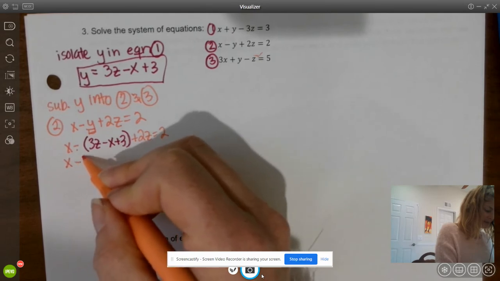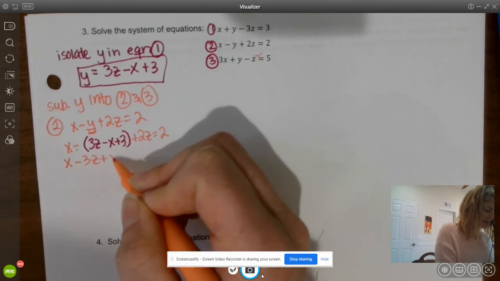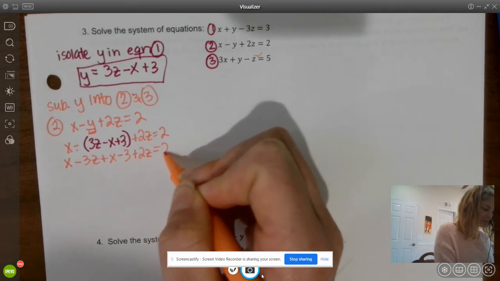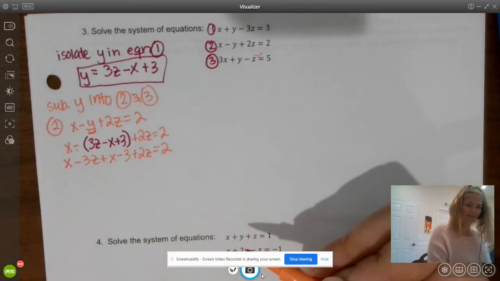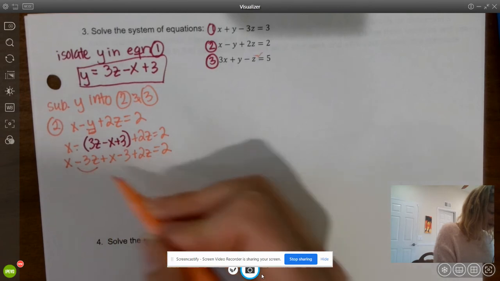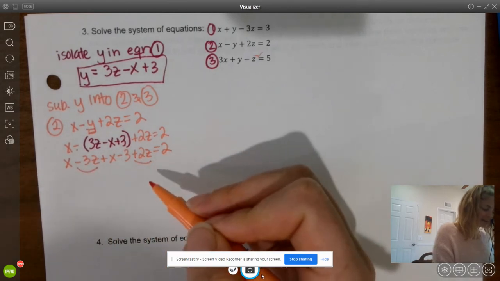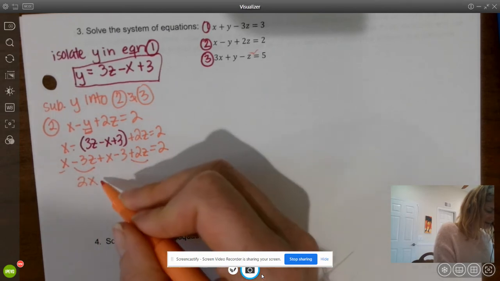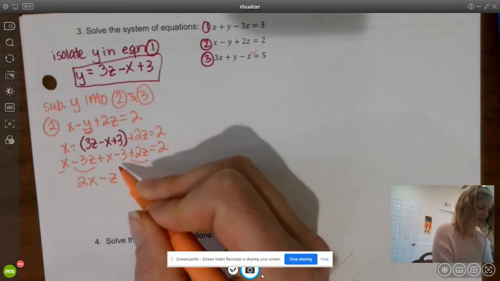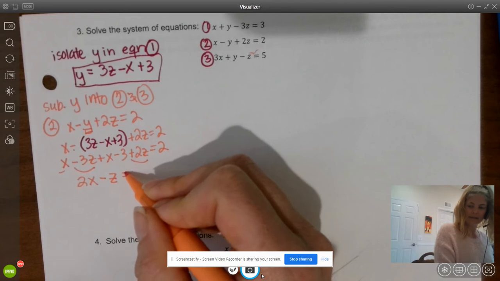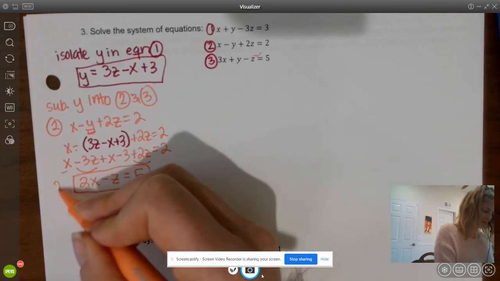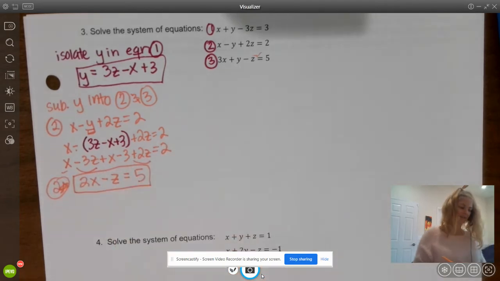So I'll have x minus 3z plus x minus 3 plus 2z is equal to 2. Let's combine our like terms. Negative 3z plus 2z gets me negative z, x plus x, so I'll have 2x minus z. And I'm going to add 3 to both sides is equal to 5. And I'm going to call this my 2 star to make my star system.